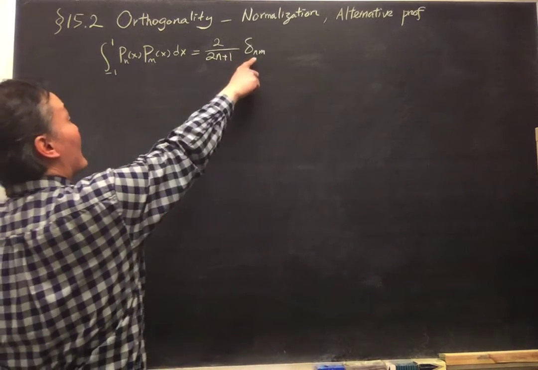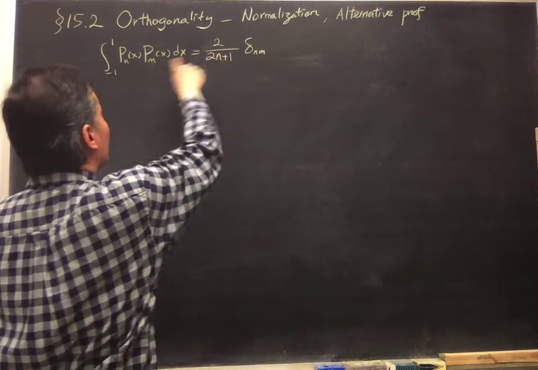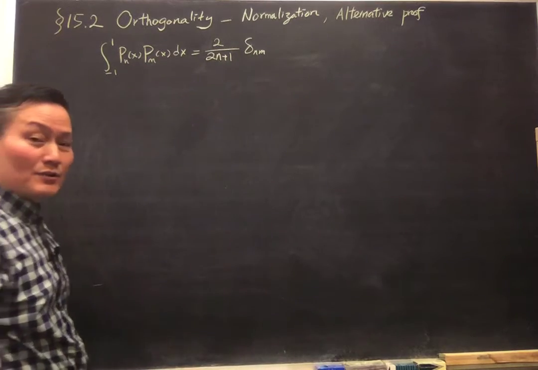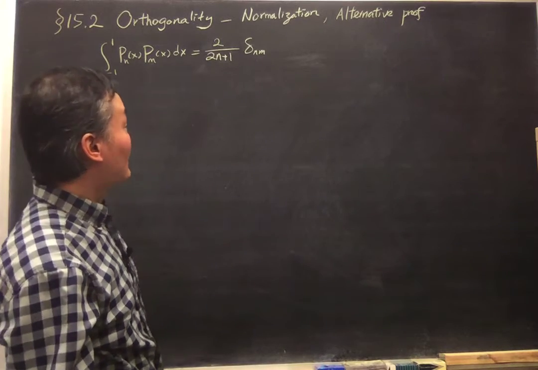It means that for n not equal to m it is 0, and for n equal to m the result is 2 divided by 2n plus 1.